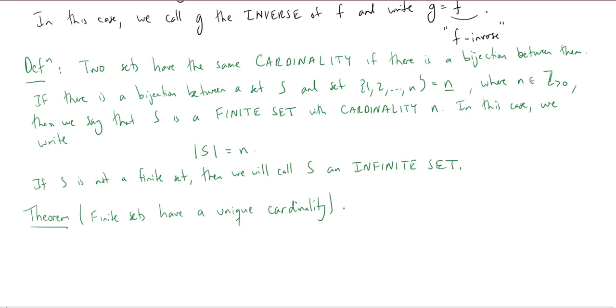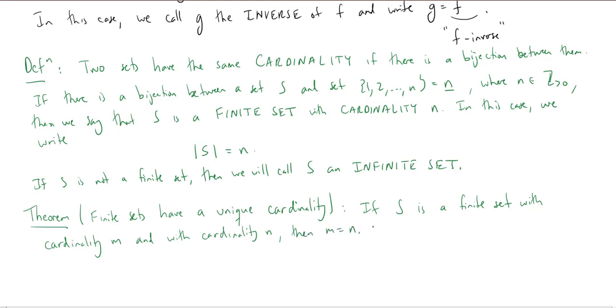So as an explicit statement, if S is a finite set with cardinality M and with cardinality N, which sounds weird because it can't exist unless the conclusion of this is true, which is: if you have both cardinality M and cardinality N, then M equals N.